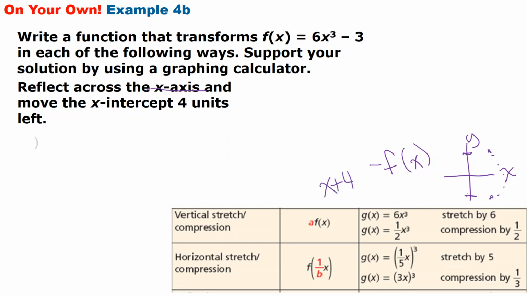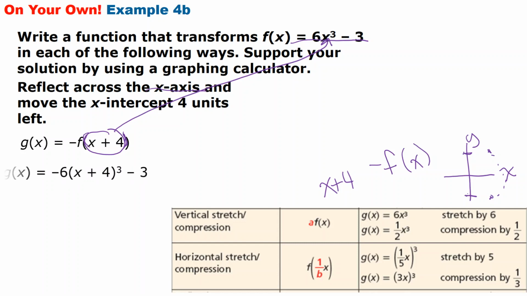So instead of saying x minus 4, we're actually going to say x plus 4. Let's take a look at what the rule is of our new function. G of x is going to be the opposite of f of x, and notice that our 4 is all snuggled up inside here with my x, so that tells us it's horizontal. Every place I see an x in my original equation, I'm going to fill it in with x plus 4, and then multiply that whole thing by -1.